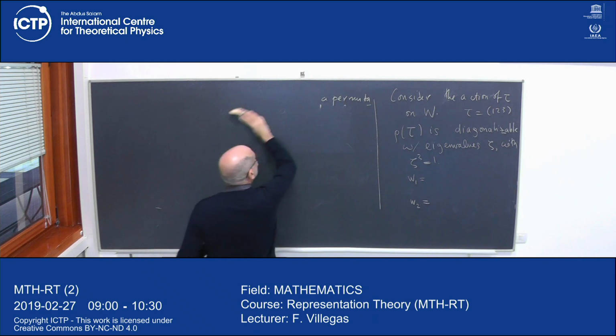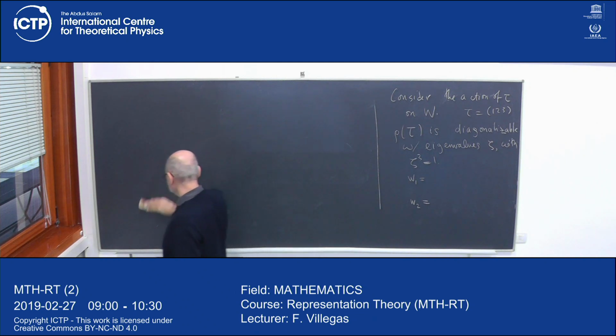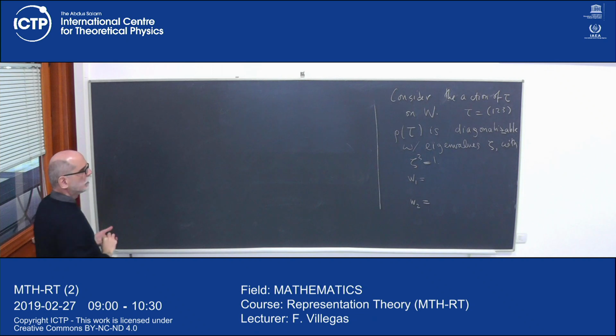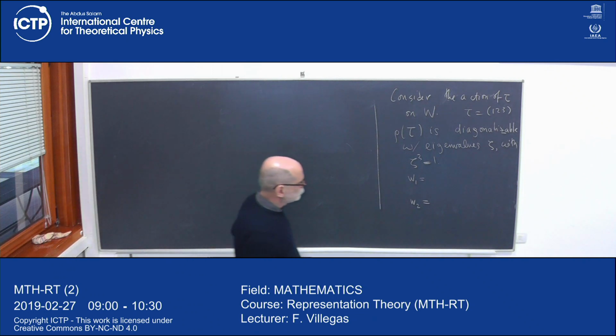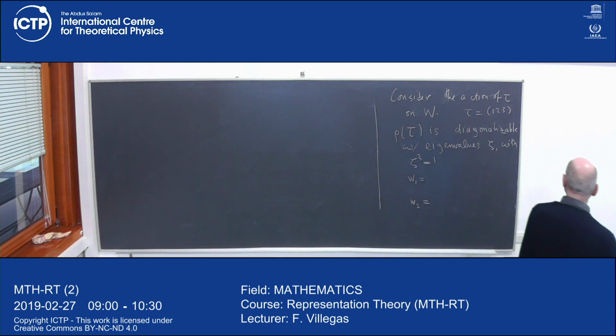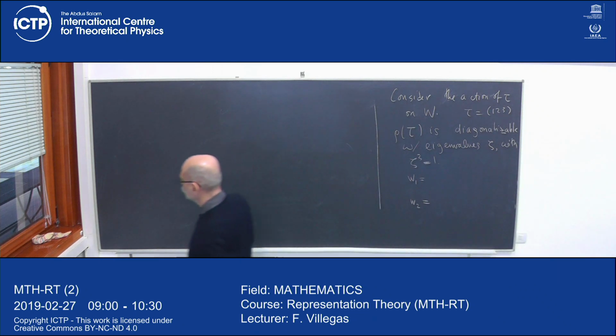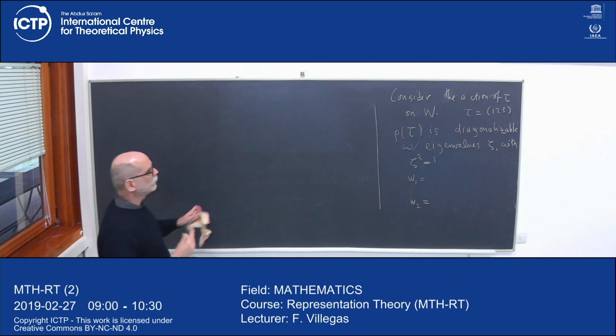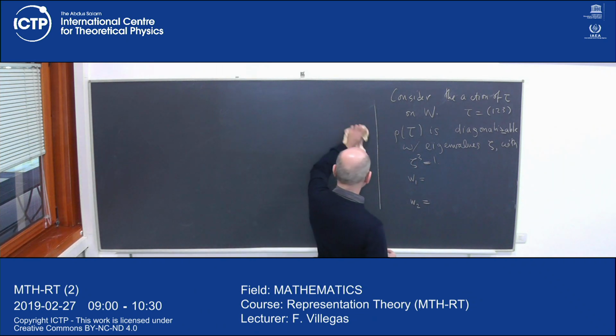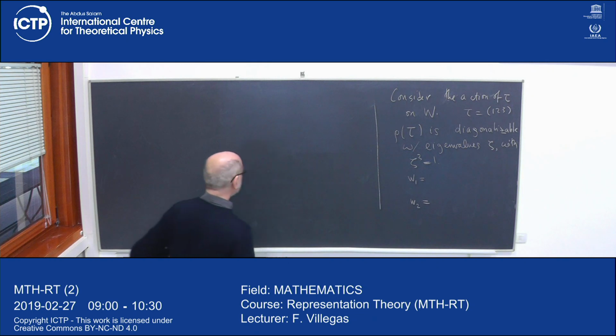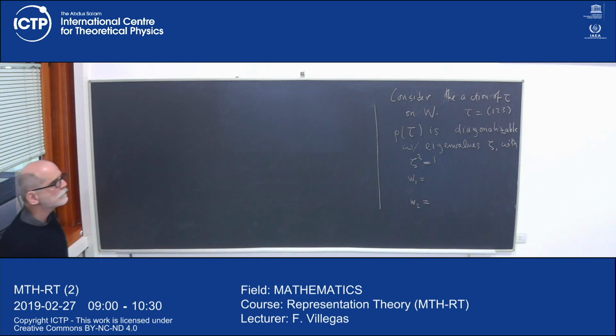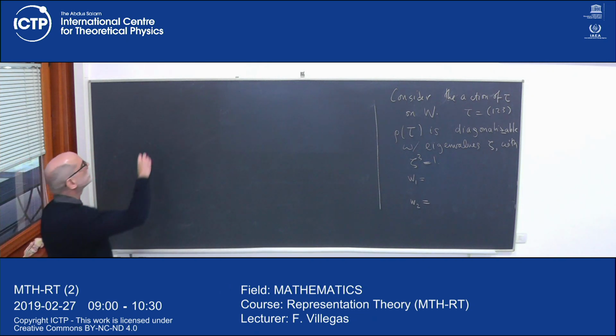1, minus 0, minus... No, I don't think that will be. So tau just cyclically permutes the coordinates, right? So let's see, maybe we can just do it.